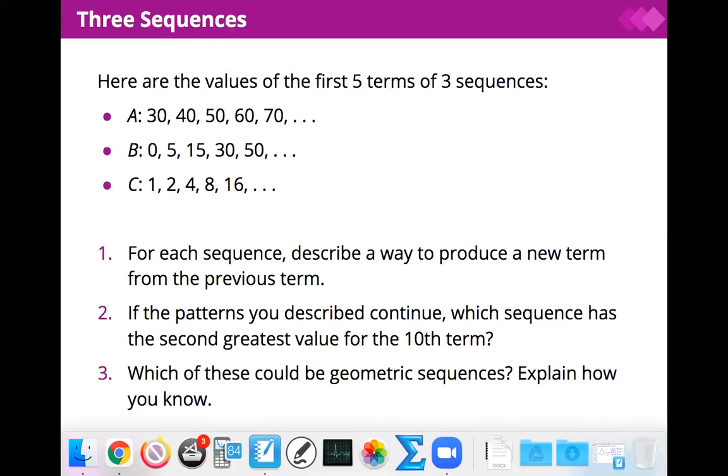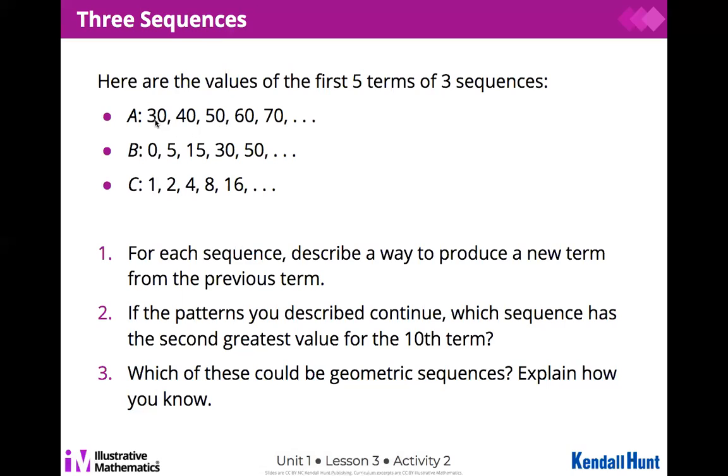All right. Well, it looks like in sequence A, we're adding 10 each time to get the next term. So I'm going to write down add 10. In the second one, it looks like we're adding, but every time we move from one term to the next, we're adding 5 more than the previous. So I'm going to write down add 5 more each term.